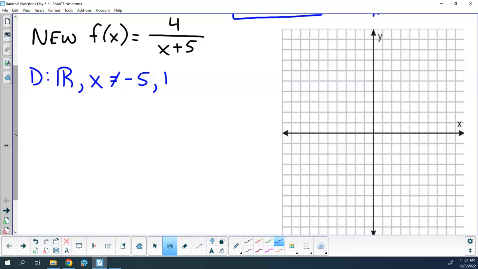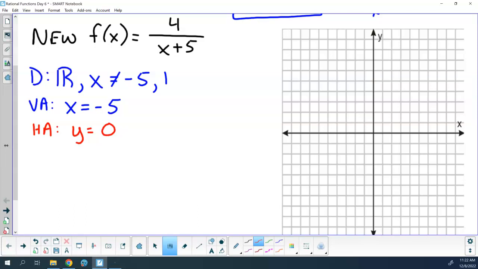So step number 1 now continues with my new function, and the only vertical asymptote there would be x equals -5. I look at my new function, and the degree on the top is 0. The degree on the bottom is 1. That is small over big, so that is y equals 0. That's my horizontal asymptote.